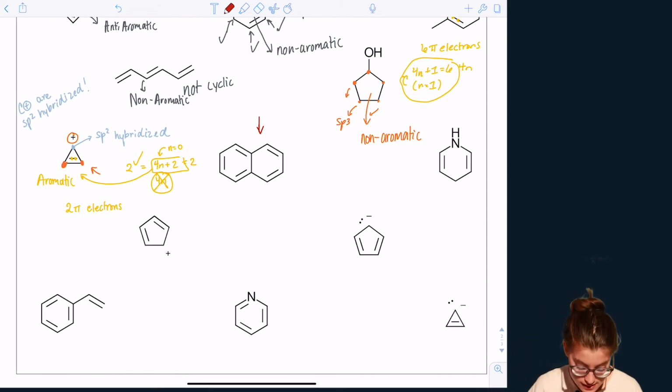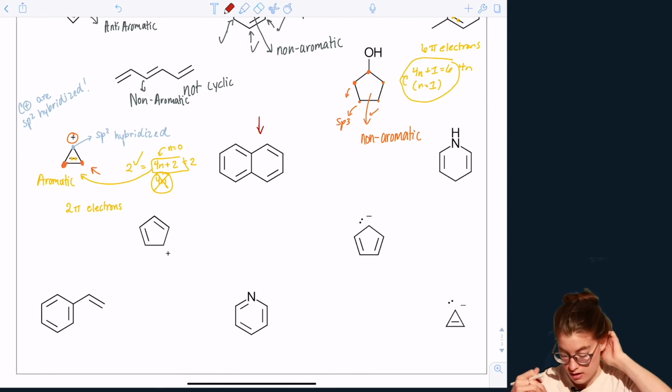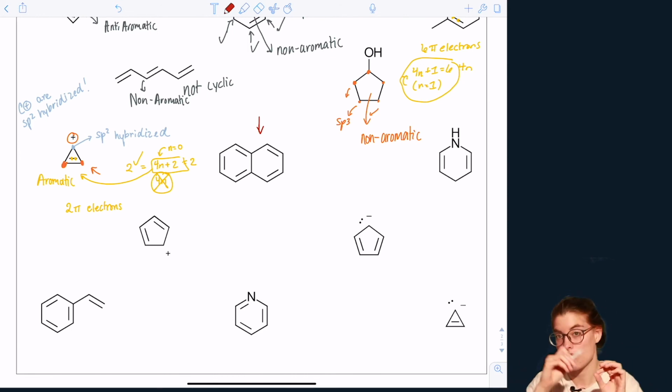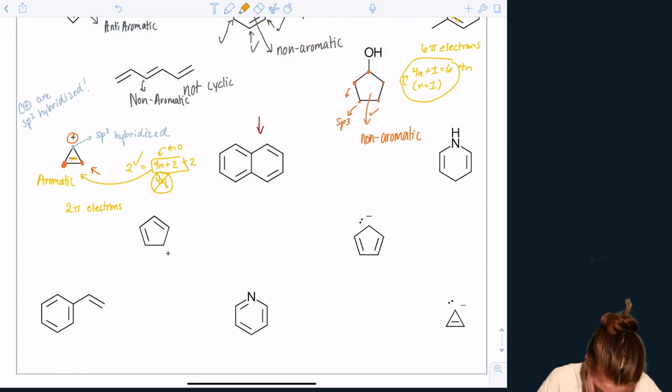So, is it cyclic? Yes. Now it's made of 2 rings, but we want to look at the largest ring system that we can that will potentially allow us to have p orbitals at every carbon and count the electrons in the largest ring. So what do I mean? That means that I'm actually going to look at this as our big ring. And that's what I'm going to consider the ring to be.